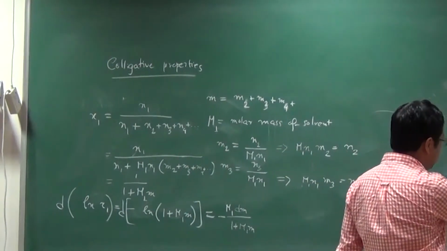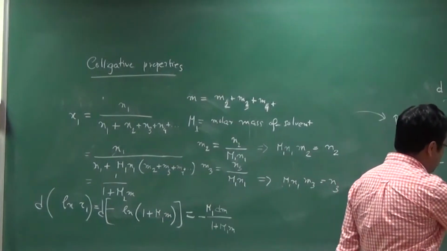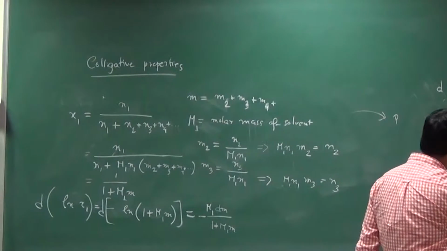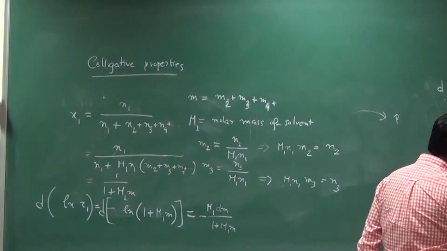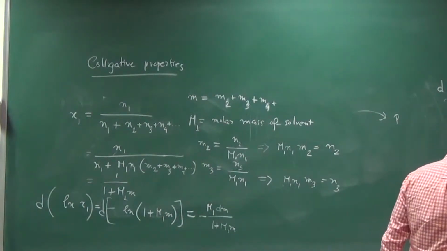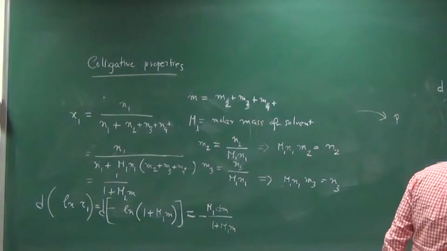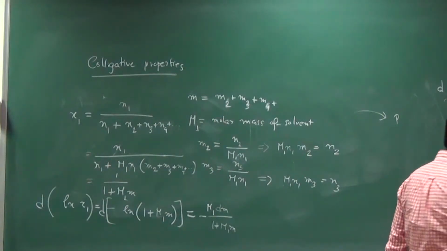if I just write this thing, del T del m, I'll have M1, then RT square divided by delta fusion H bar, and then I have all this thing, 1 divided by 1 plus m1 m.